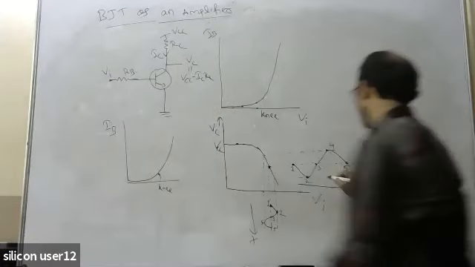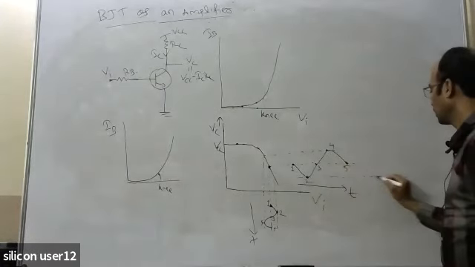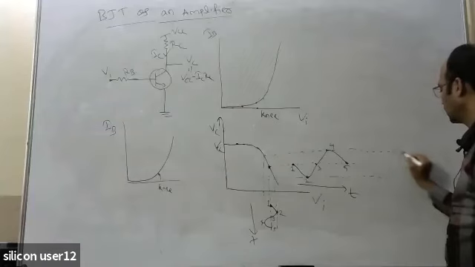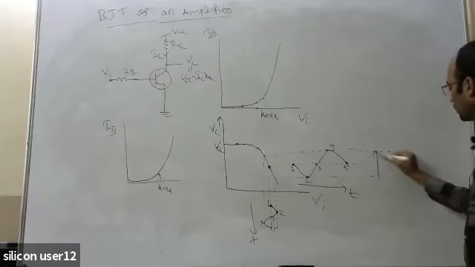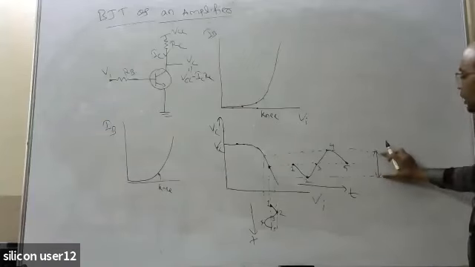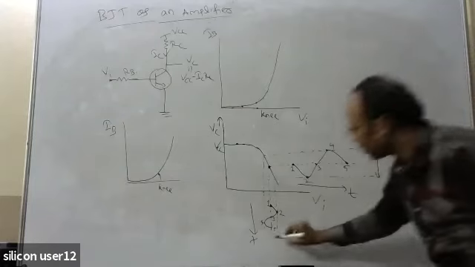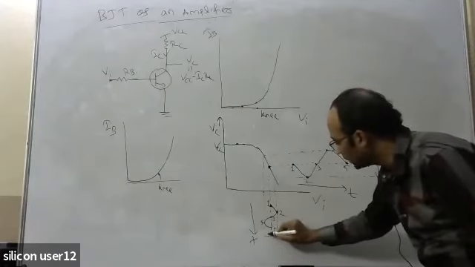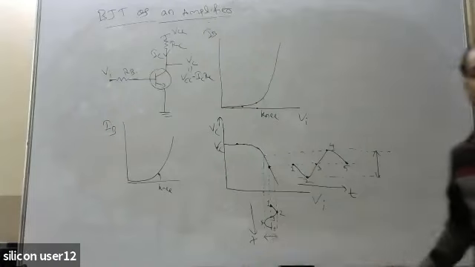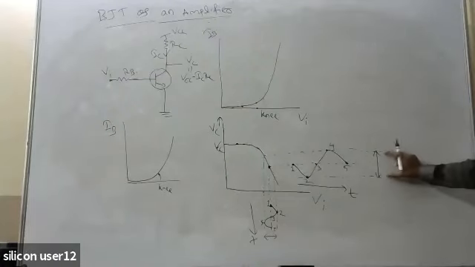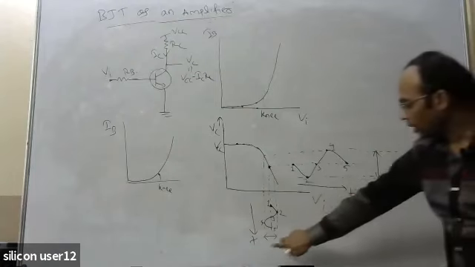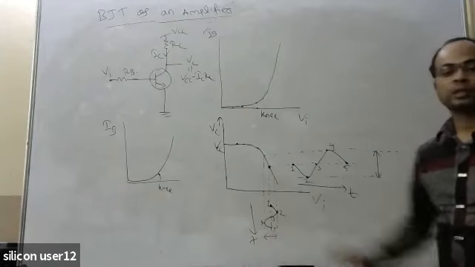So what is the benefit here? You look at the amplitude of the output signal and the amplitude of the input signal. Obviously, the amplitude of the output signal is much larger compared to the amplitude of the input signal.